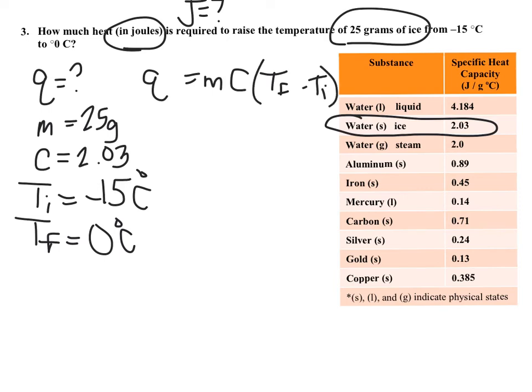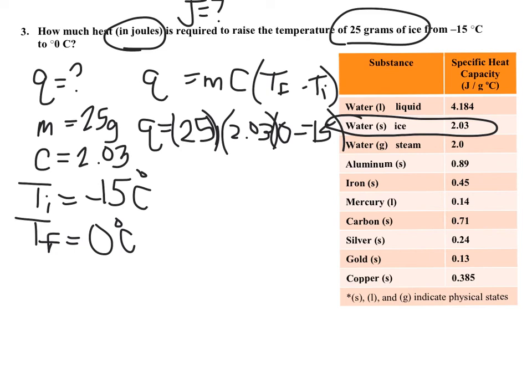All right, let me start plugging in. My Q value is what I'm solving for. I've got 25 grams of ice. Ice's specific heat is 2.03. And my change in temperature, final minus initial, is 0 minus a negative 15. Careful, what happens when you subtract a negative? It becomes positive, right? So 0 minus a negative 15 is really just 15.